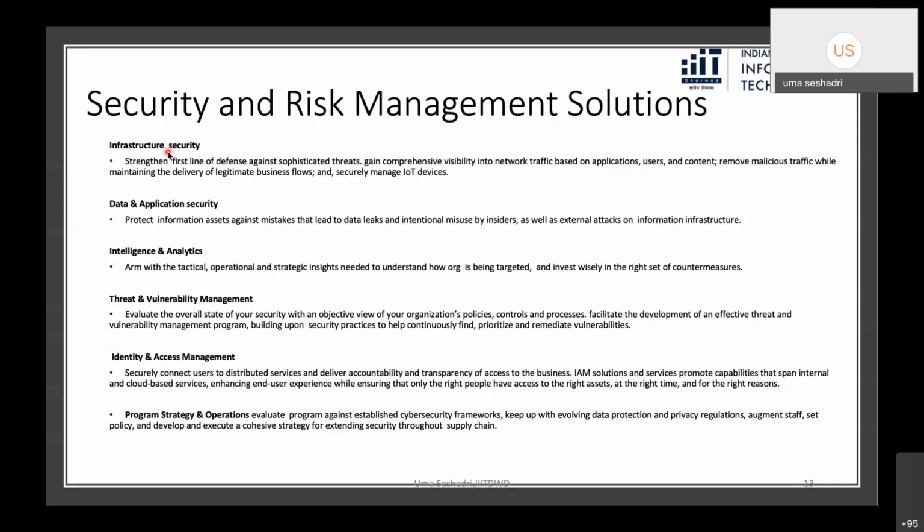It will not provide you any revenue. So management is always concerned about how much to invest, how much to implement when it comes to security. However, you can take a call as an organization on what you want to implement and at what level, like infrastructure, data, and so on.